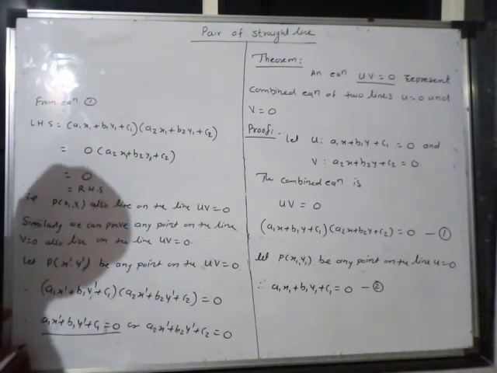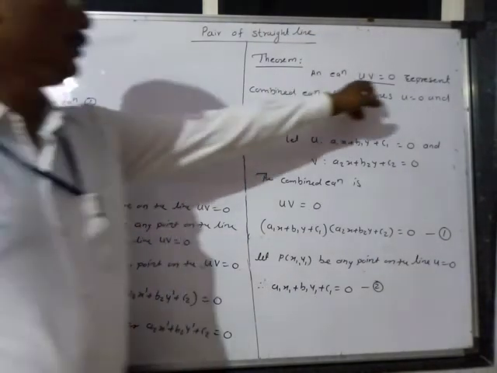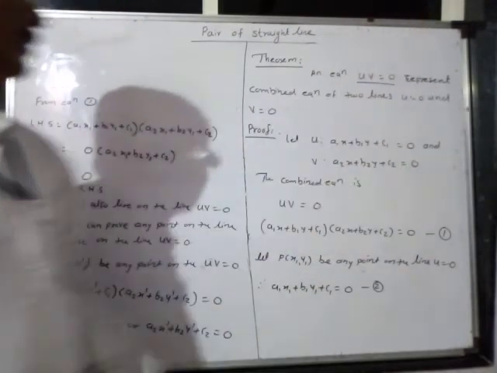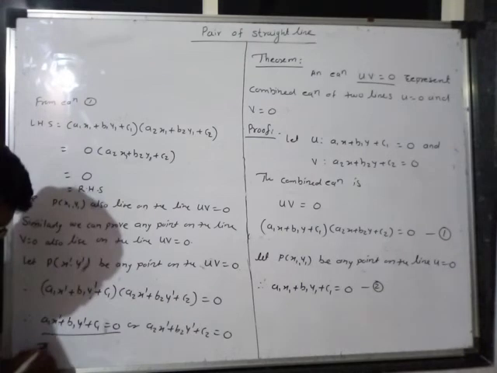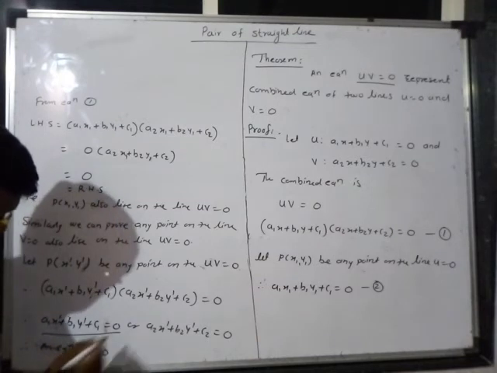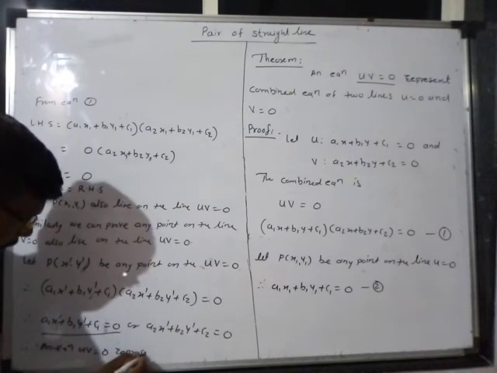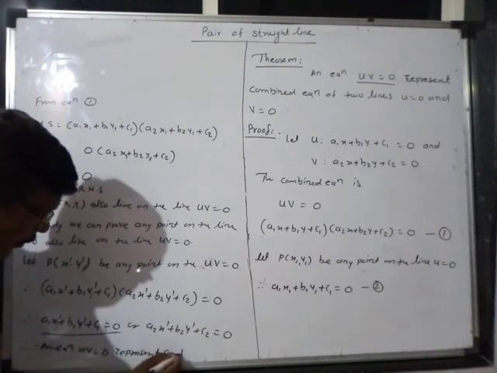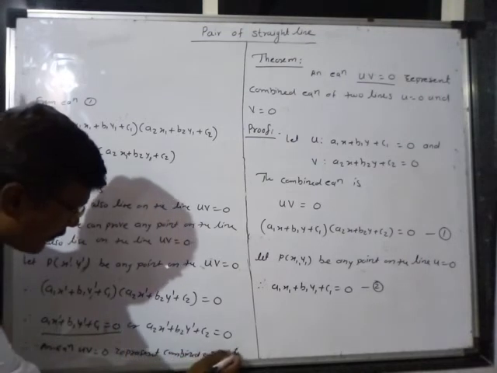Therefore we say that an equation u into v is equal to 0 represents a combined equation of the lines.